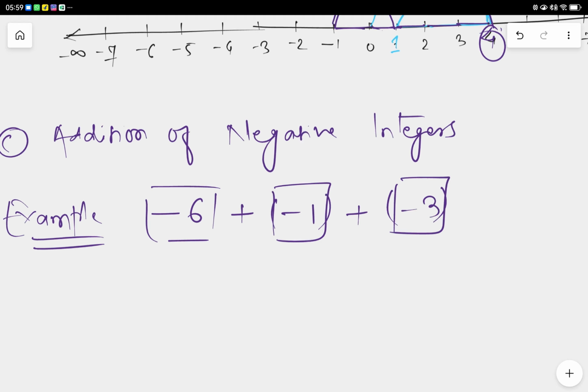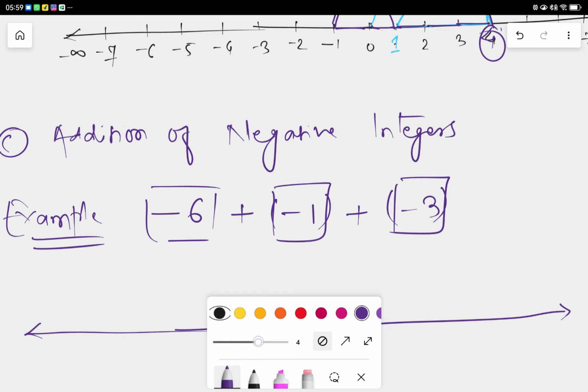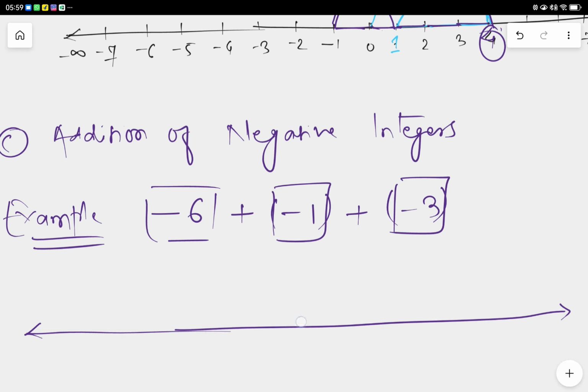Okay, so let us take a number line. 0. Okay, since it is all negative integers, what will be the answer?